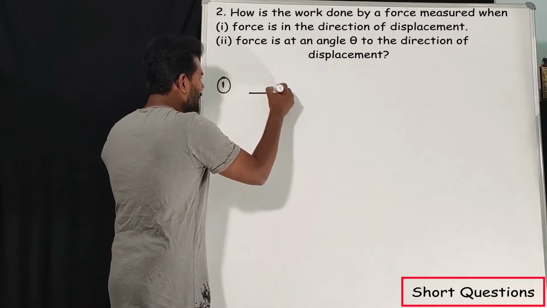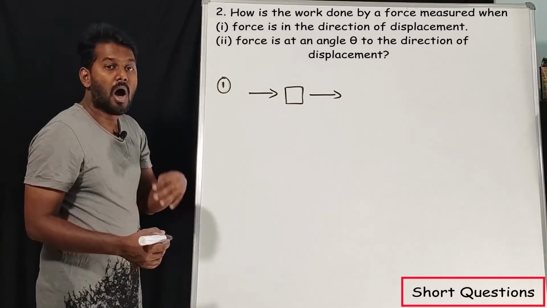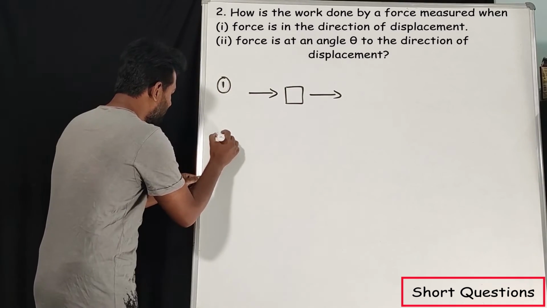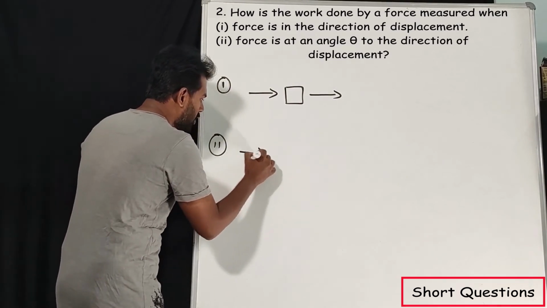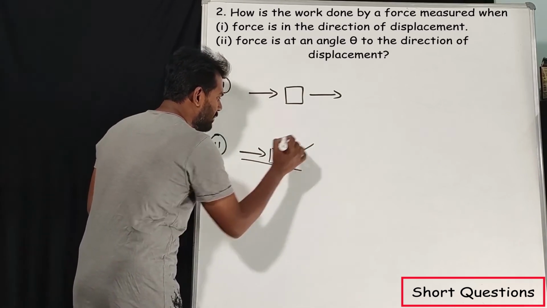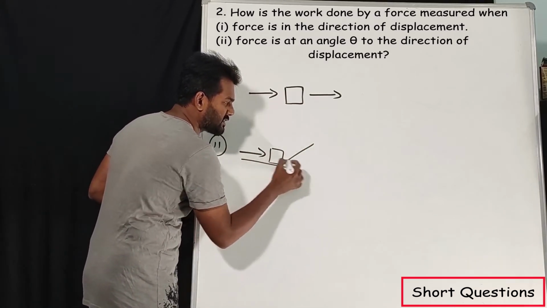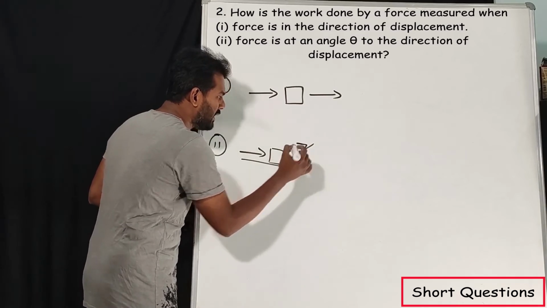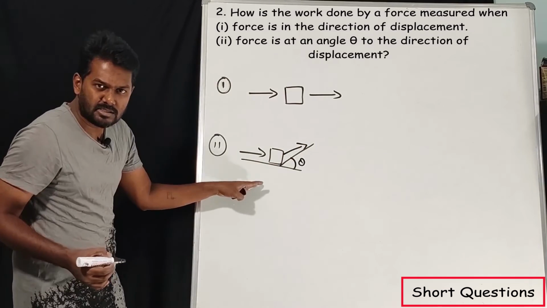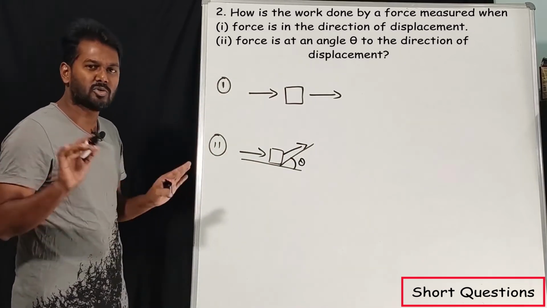If you apply a force on an object and it moves in the same direction, how can we measure the work done? Second sub question: assume you are applying a force in this direction on an inclined plane. If you apply a force in this direction, it is not going to move in this direction, correct? It is going to move in this direction. So there is an angle theta. For this example, how are we going to measure the work done? So these are the two sub questions.